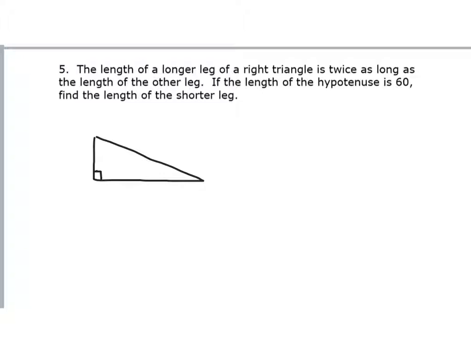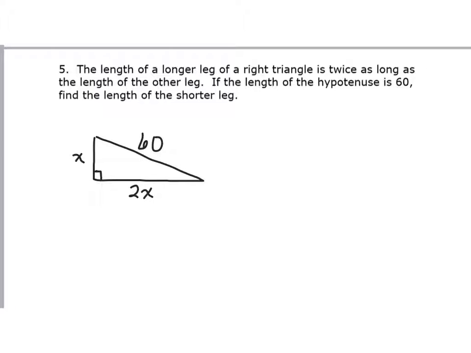It says the length of the longer leg is twice the other leg. So if I call the shorter leg x, how long is the longer leg if it's twice as long? 2x. Very good. And then the length of the hypotenuse is 60.